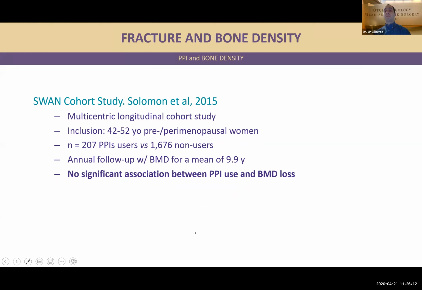So for bone density, there's a number of studies. The one I want to spend some time talking about is the SWAN cohort, which compared pre and postmenopausal women on PPIs versus H2 blockers. They had annual follow-ups of bone mineral density for about 10 years, and there was no significant association between PPIs and bone mineral density loss.